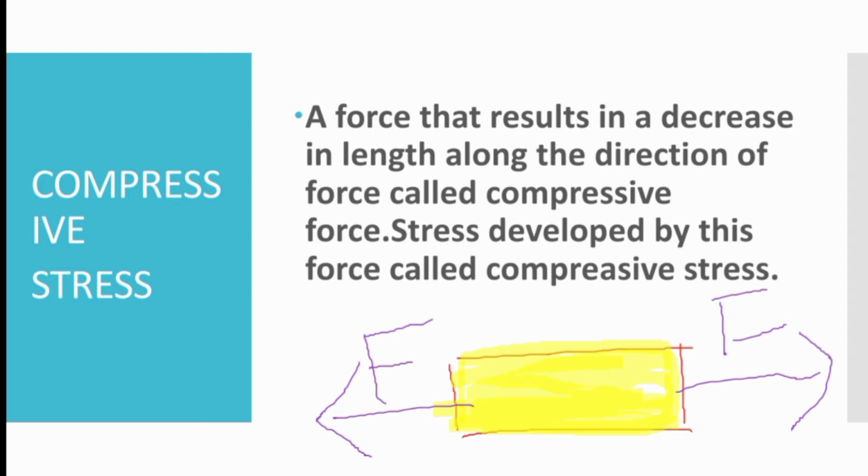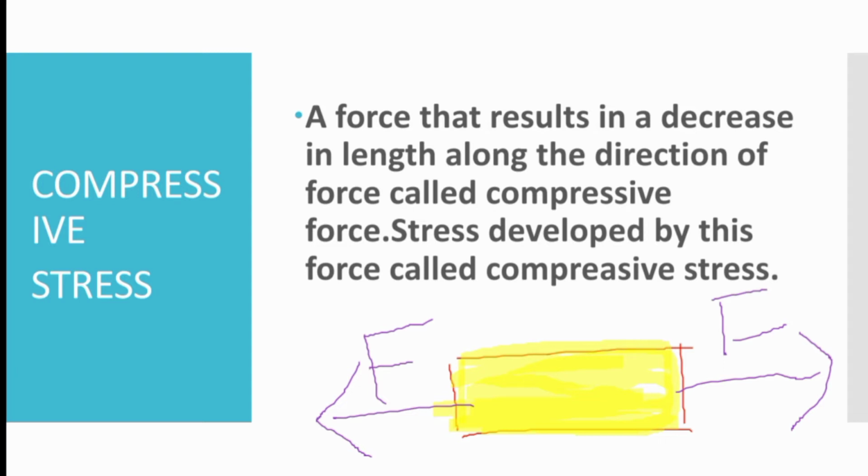Now, talking about compressive stress. A force that results in a decrease in length along the direction of force is called compressive force. The stress developed by this force is called compressive stress. Compressive stress is caused by the force that tends to compress the body.